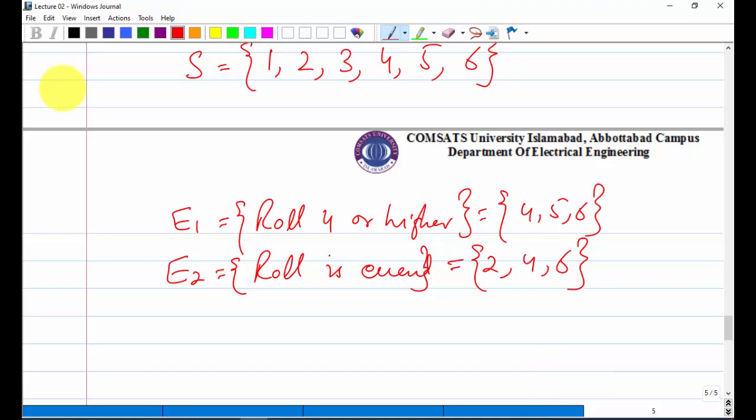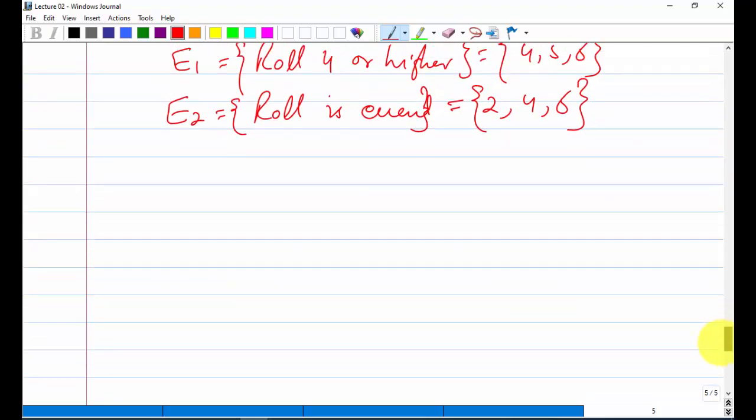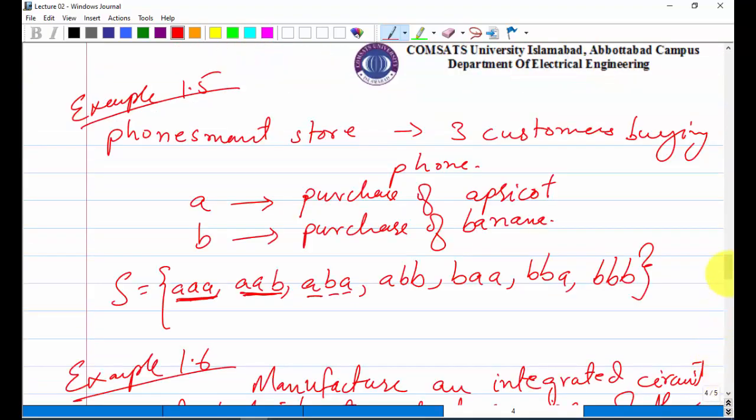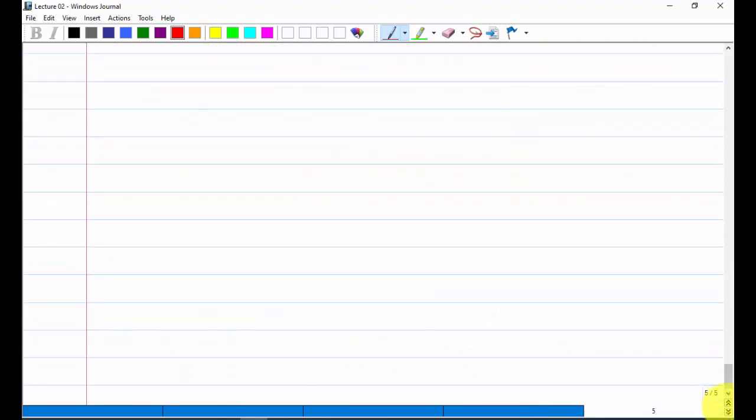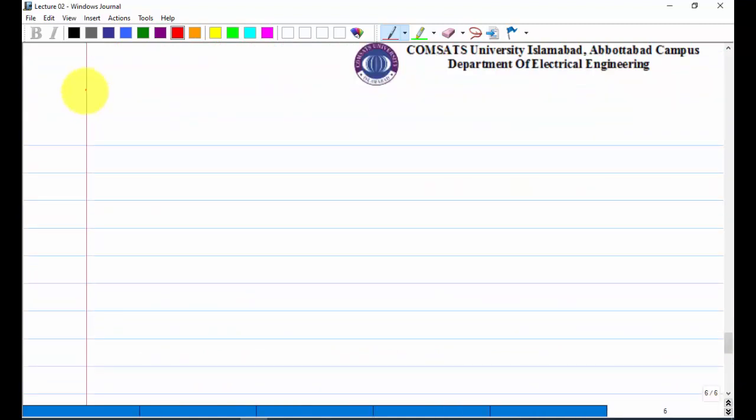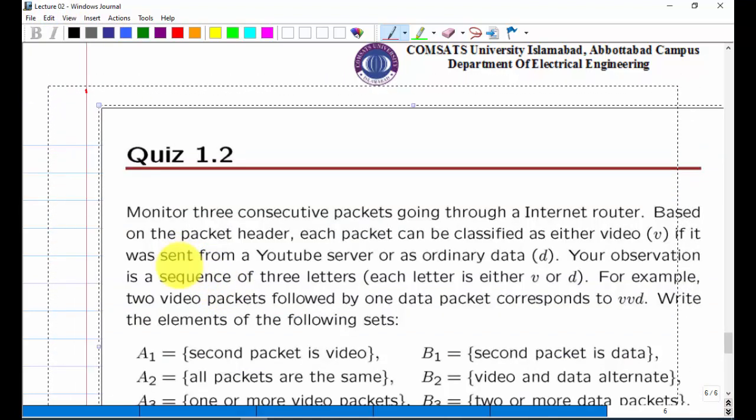Okay, now we have defined all these basic terminologies. Let's look at an example. I will go to the next page of this. Sorry. So I have just copy pasted it from the book actually.